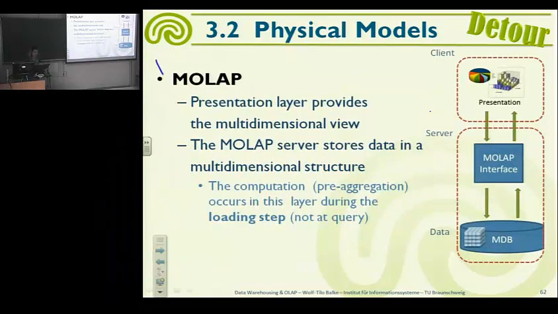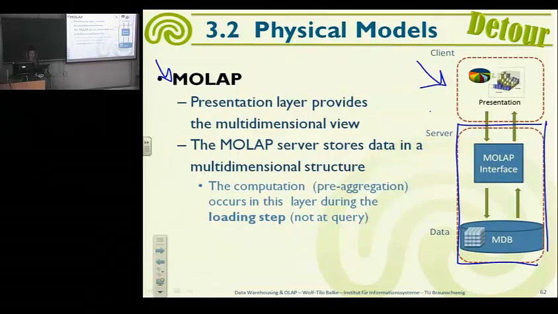So the first model, which we already talked about, was the multi-dimensional OLAP model. And here what you basically have is, of course, the presentation layer, which gives you this multi-dimensional view. And in the infrastructure, you directly have your multi-dimensional structure, so there's nothing in between.